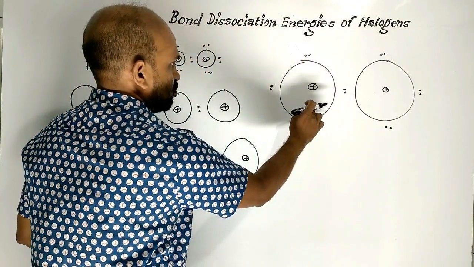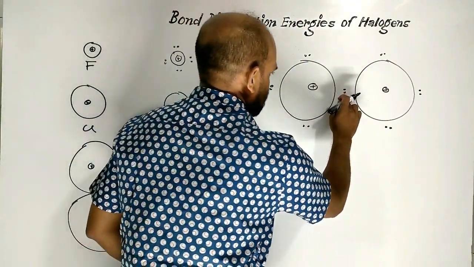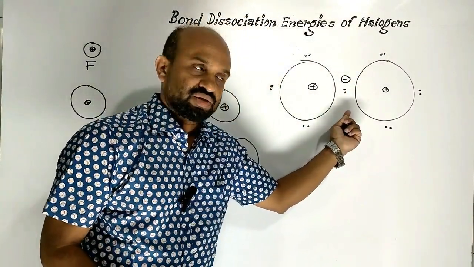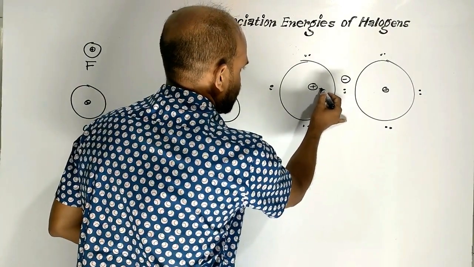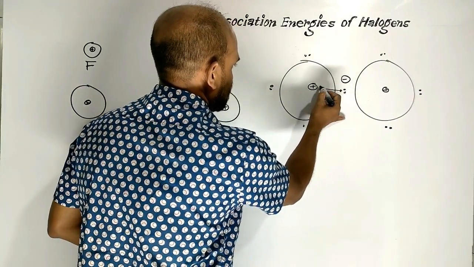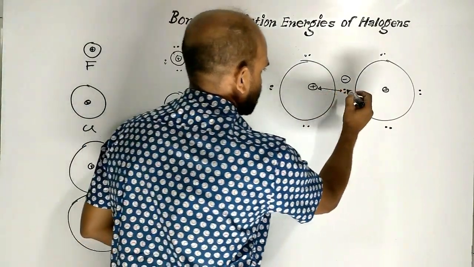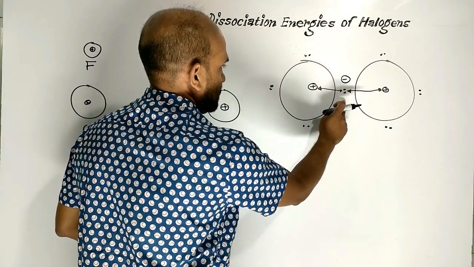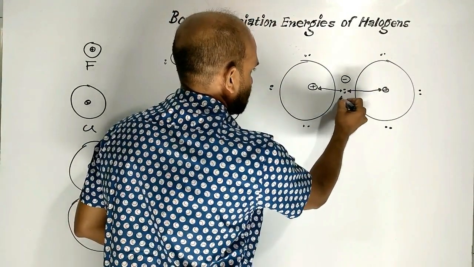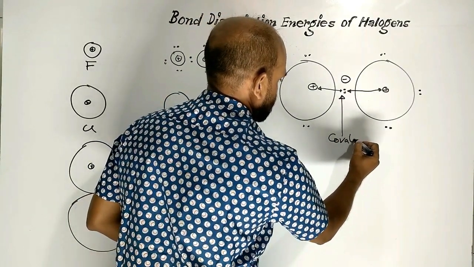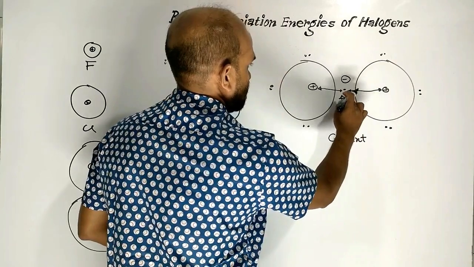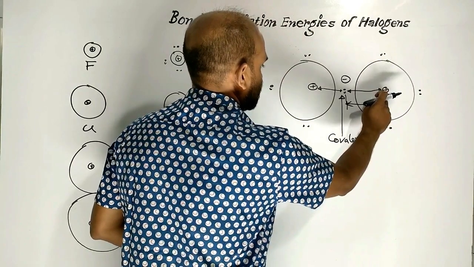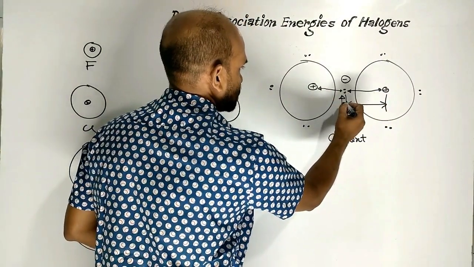Here, what is a covalent bond? This bonding pair of electrons is negative in charge. The attraction between the nucleus and covalently bonded electrons is the covalent bond. Here, this is the distance between the nucleus and covalently bonded electrons.